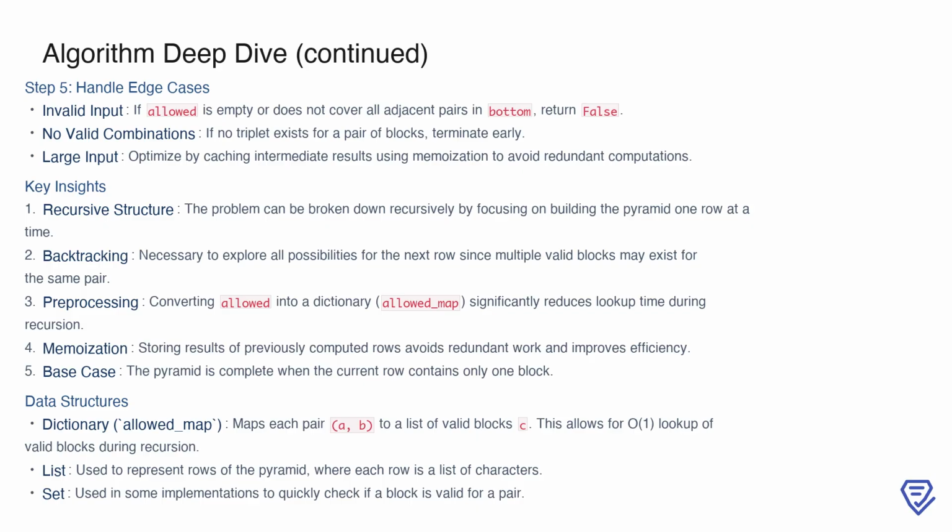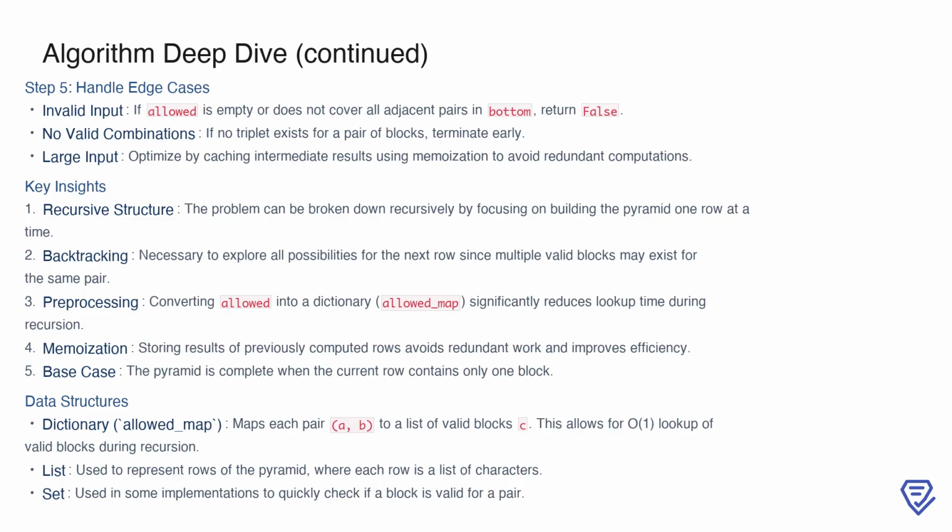Several key insights emerge from this approach. First, the recursive structure of the problem allows us to focus on building the pyramid one row at a time, reducing complexity. Second, backtracking is essential for exploring all possibilities, as multiple valid blocks may be available for the same pair.